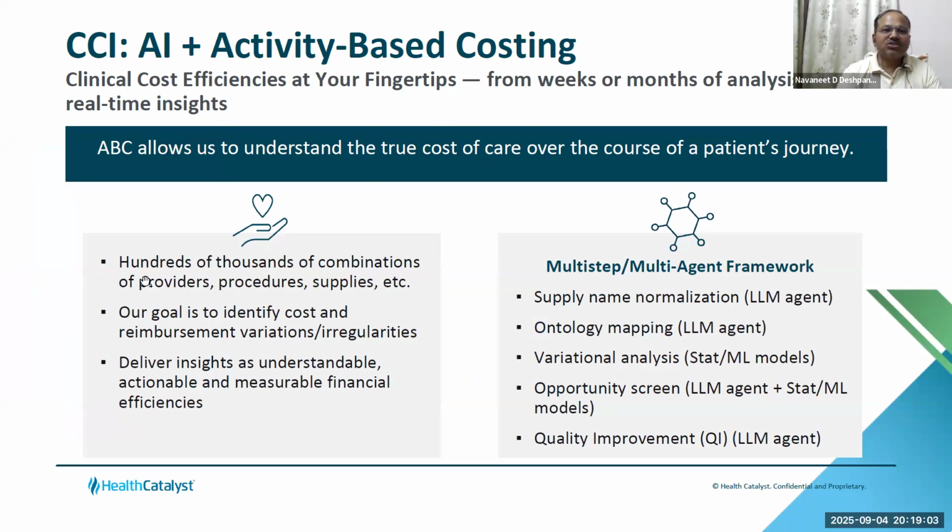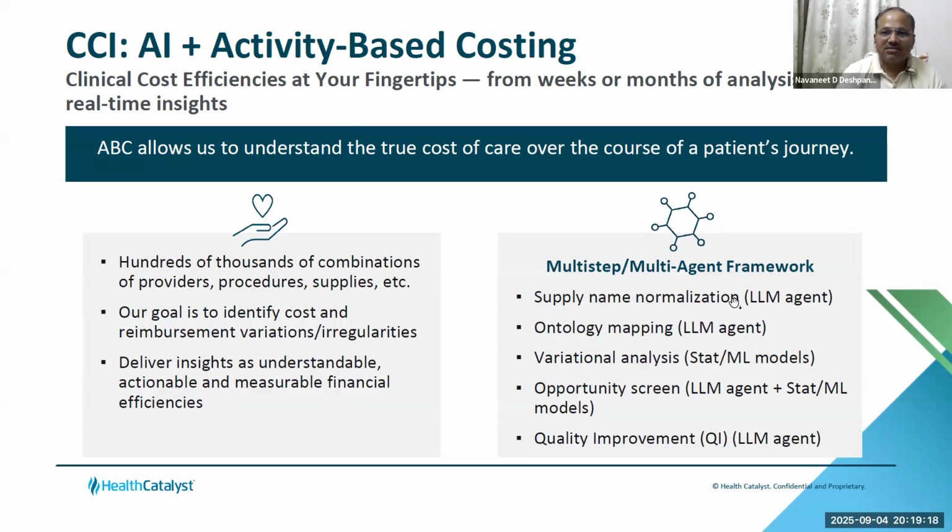So hundreds and thousands of combinations of providers, procedures, and supplies are there. Okay, then the goal is to reimburse those things. Some kind of reimbursement is happening, and to deliver those insights as understandable, actionable, and measurable financial efficiencies.